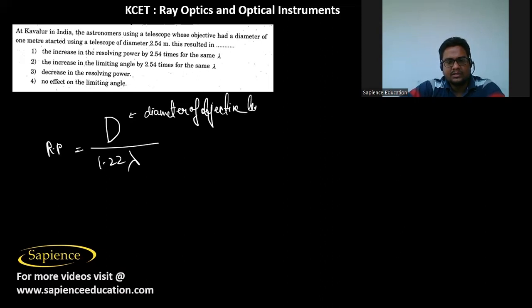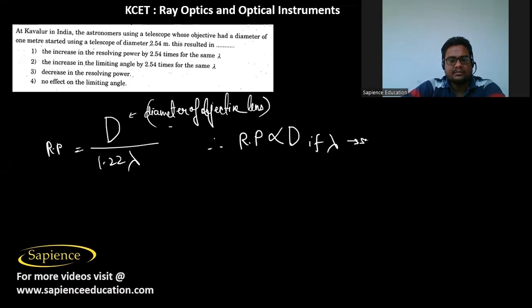In the telescope, therefore, we see that the resolving power is directly proportional to d if lambda remains the same. Here it is told the diameter has been increased from 1 meter to 2.54 meters.